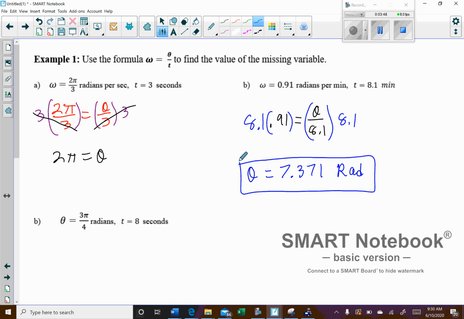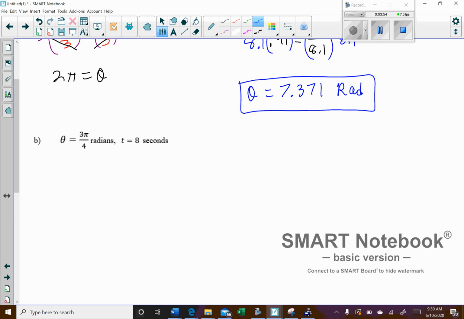For our next one, they give us the angle and they give us time. We are solving for angular speed. So W equals 3 pi over 4 divided by 8. Once again, just a little algebra here. I'm going to turn that 8 into 8 over 1. That's the same thing. Now I have a fraction divided by a fraction.